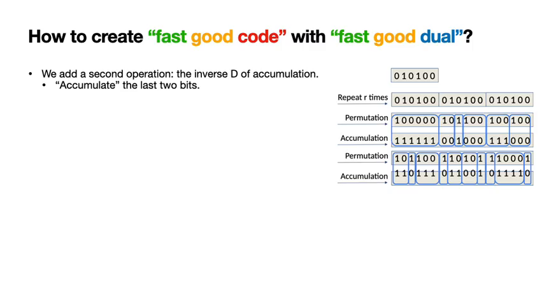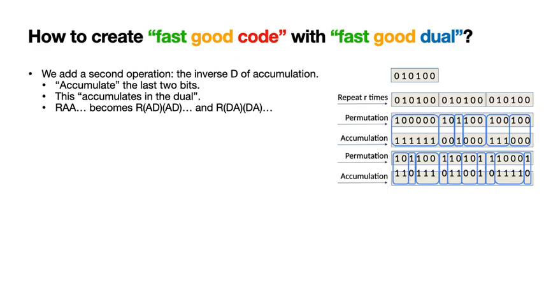So if you're trying to find out what the bit I in the output is, well, it's not the XOR of all the preceding bits, but it's just the XOR of the last 2 bits. This can be seen as accumulation in the dual. Applying this operation has the same effect as running an accumulator in the dual, and therefore improves the weight and therefore the distance of the dual code.